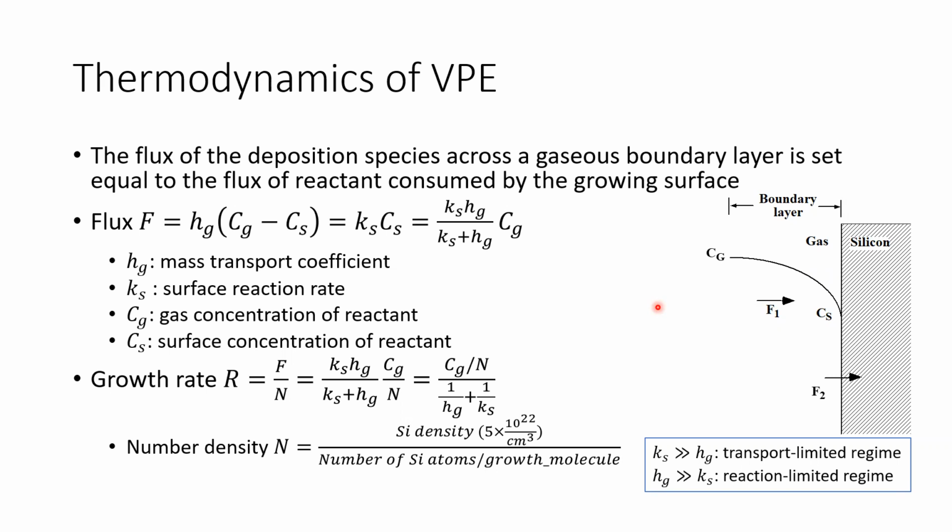For VPE, we can also use the Deal-Grove model. Here is the silicon, and here we introduce the gases, and the flux of the deposition species across this boundary layer or stagnant layer is equal to the flux of reactant consumed by the growing surface. Then we can write F1, flux 1, equal to flux 2.